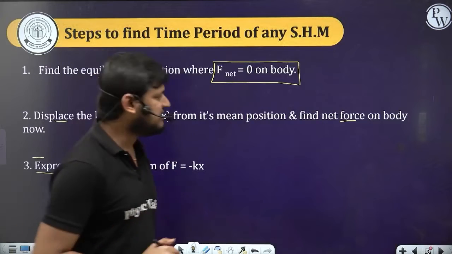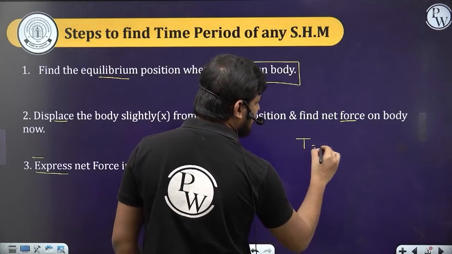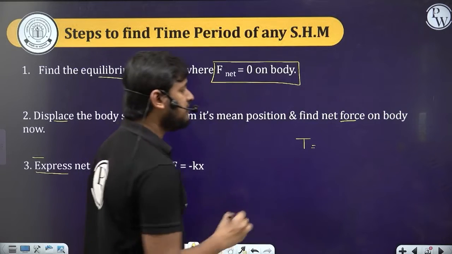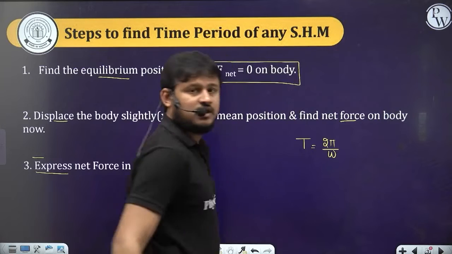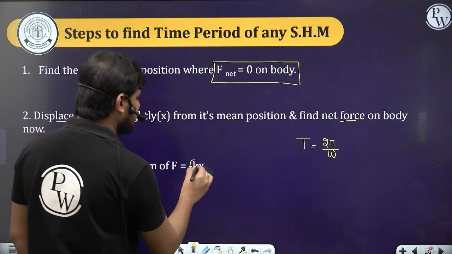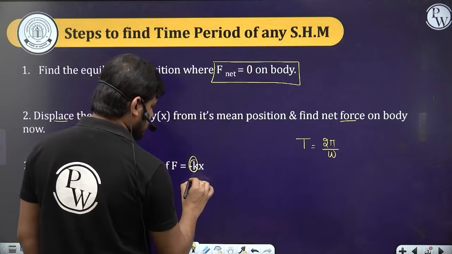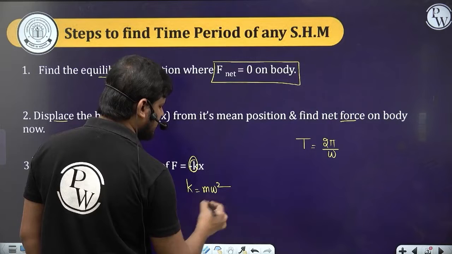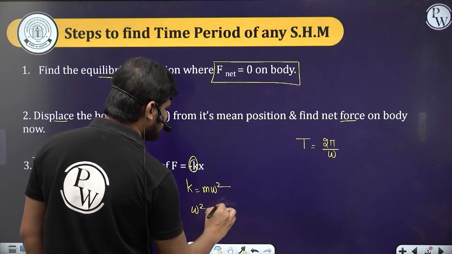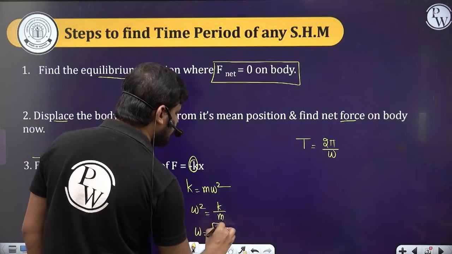Now, how to find the time period? This calculation is important. The time period formula is 2 pi by omega. Now we got the k, the coefficient of x. This k is equal to m omega square, which we already know. From there, omega square is equal to k by m, and omega is equal to root over k by m.